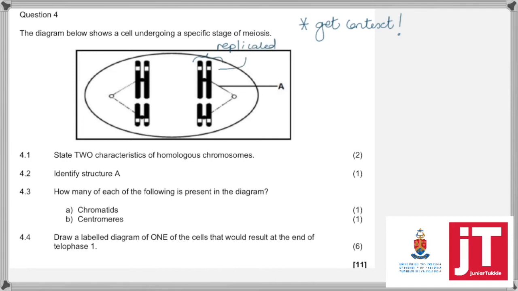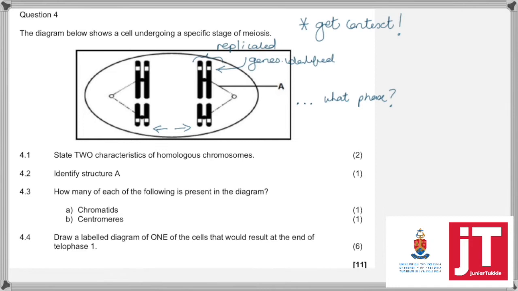Question 4.1 says, state two characteristics of homologous chromosomes. If we look at the homologous chromosomes over here, I've already identified that there are genes on each of these homologous chromosomes, in each of the homologous pairs.